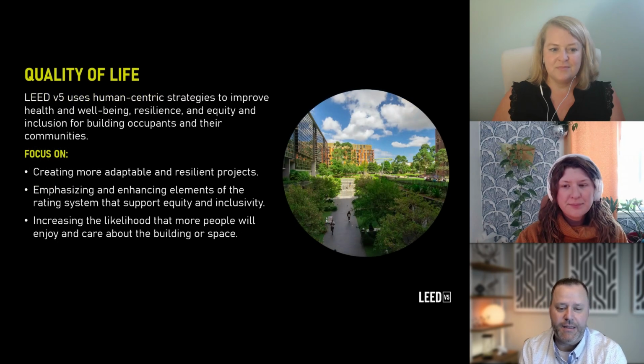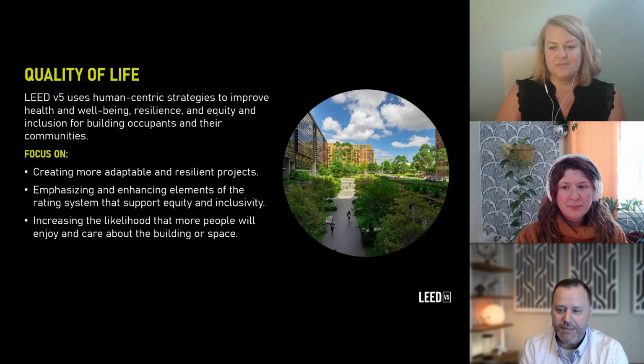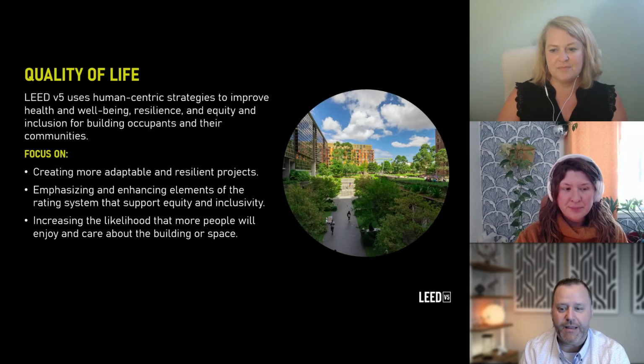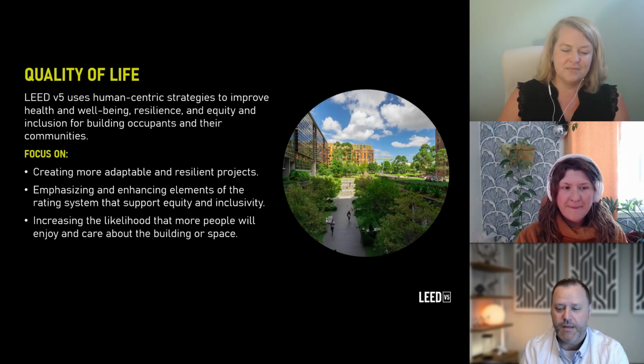We've enhanced the indoor environmental quality section to have more credits and strategies that look at indoor air quality and indoor environmental quality. But we also think about adaptable and resilient buildings as well. So we even have a new prerequisite on resilience that all projects must do some planning and thinking about how a changing climate will affect the place and the location of their building, for example.